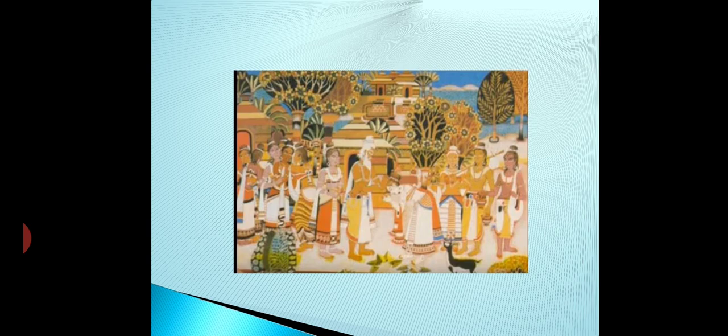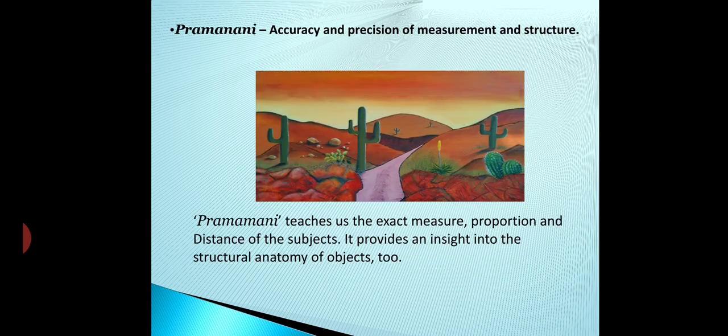So these are the things where proportions are very important. Suppose one is standing before a tree, the tree has to be larger than the human figure so that the proportion is understood. So an artist should be aware to draw the proportion with his intellectual mind.